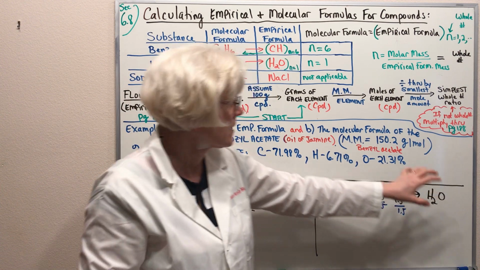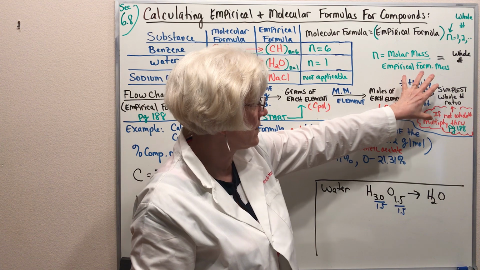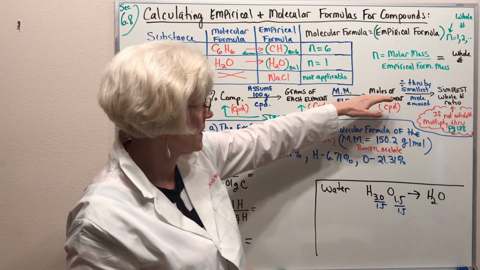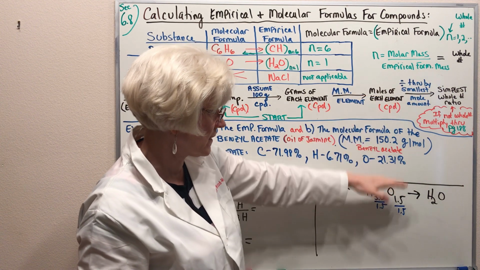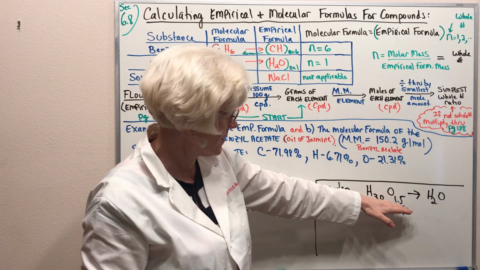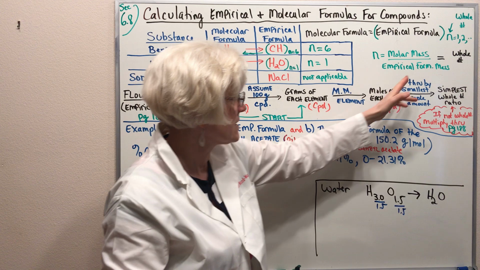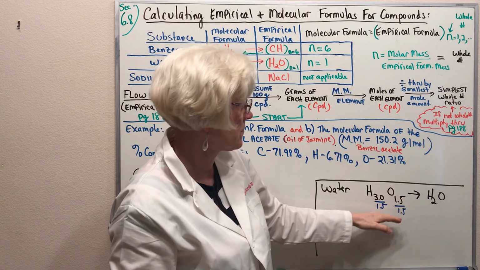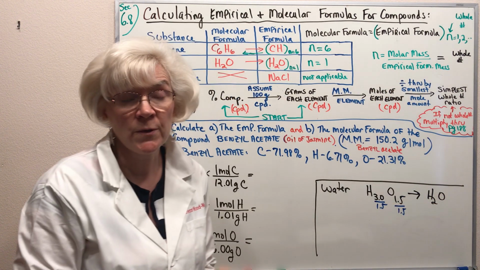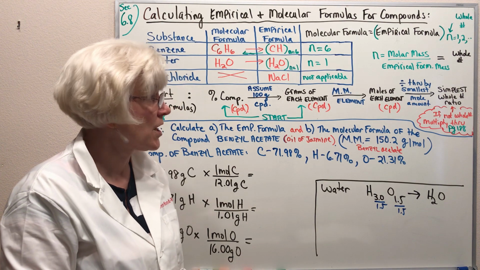That's water. So that's what we're talking about in the very last step: taking the moles of each element, which are most likely not written as whole numbers, and dividing through by the smallest mole amount to come up with whole number mole ratios.